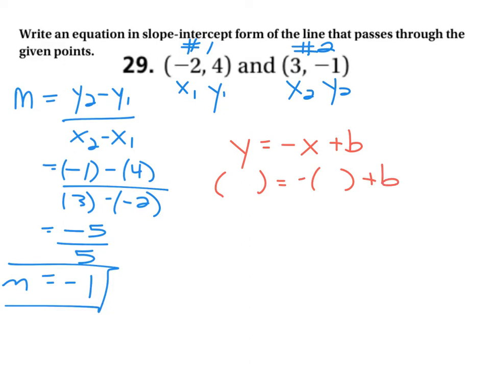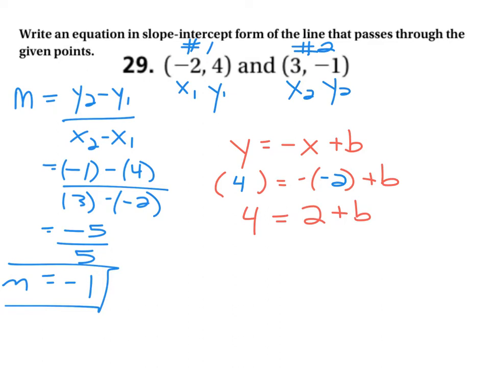So I'm going to pick, for no good reason, the first one that we've got up here, negative 2, comma 4. Y is 4, and the x is negative 2. Okay, so now I'm going to start to simplify this equation to find out what b is. Well, this is just 4 equals a negative of negative 2, which is positive 2. So I got 2 plus b.